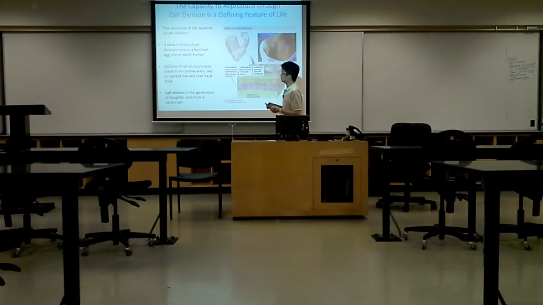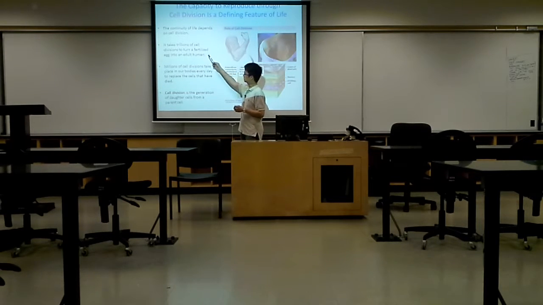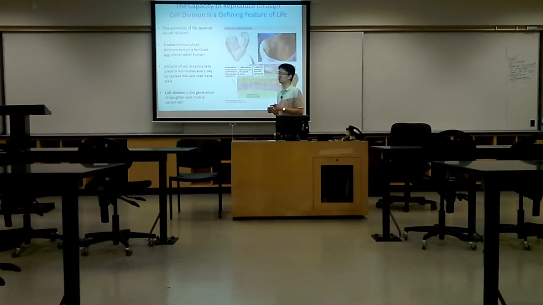It takes a trillion cell divisions to turn a fertilized egg into an adult human. This is basically describing mitosis. Cell division is the generation of daughter cells from parental cells. Usually for mitosis, the parental cell and daughter cells are identical.